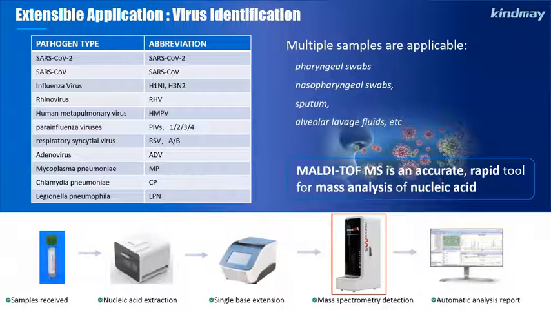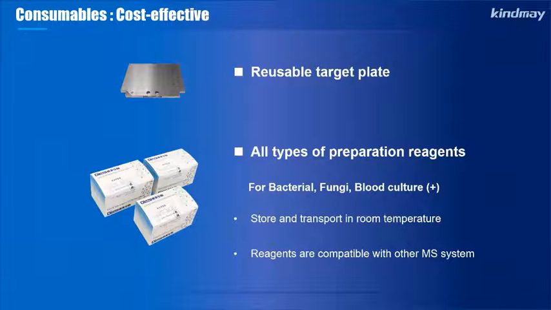Excuse me, Lewis. What kind of mass spectral instruments are compatible with your kits? You mentioned in the previous slide that your kits are compatible with other mass spectral instruments, right? Oh, yes, bioMérieux and Bruker.